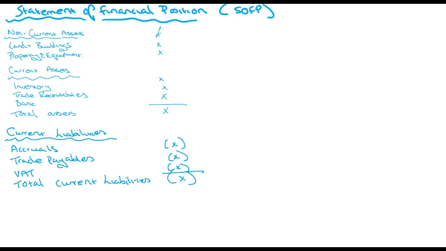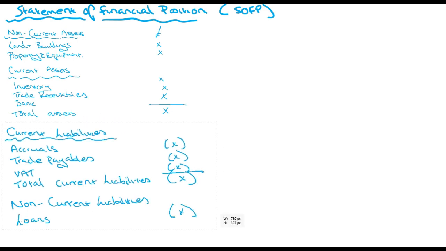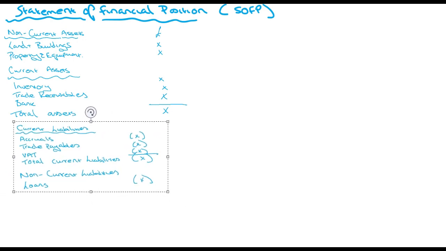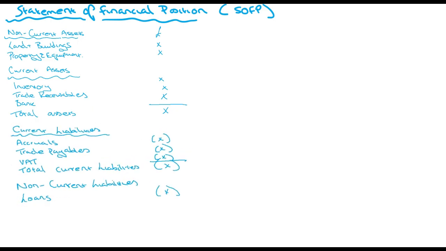Then we might have some non-current liabilities, so these are long-term liabilities, and here you're going to have things like loans. Again, just making that small so that we can fit more on. You're going to have something called net assets, which is the total of all of your assets up here, less all of your current liabilities and all of your non-current liabilities.